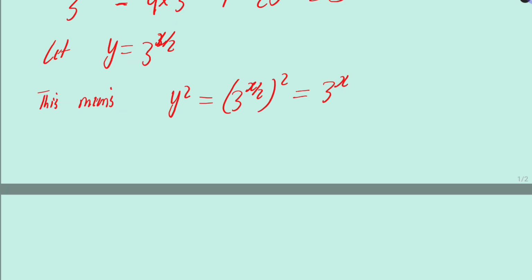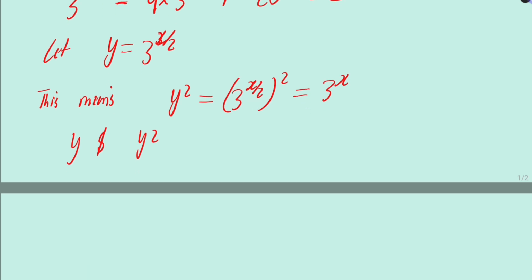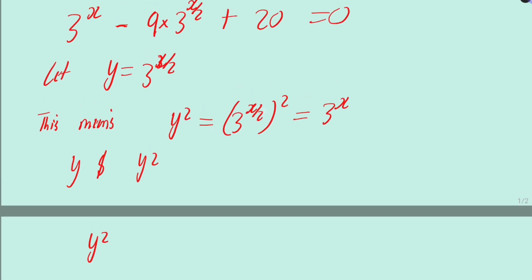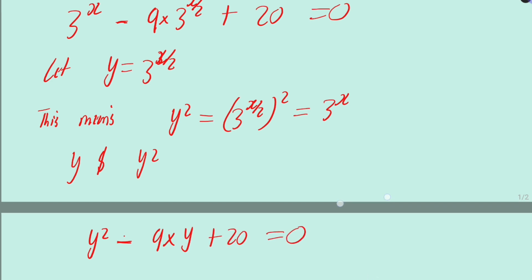So now we're going to substitute y and y squared in our equation. You see that 3 to the power x is y squared, and minus 9 times 3 to the power x on 2 is minus 9y, plus 20 should be equal to 0.